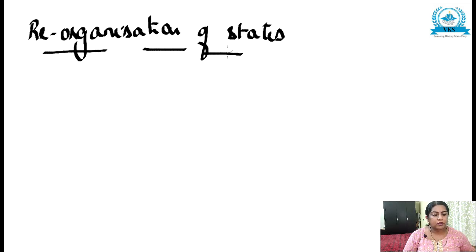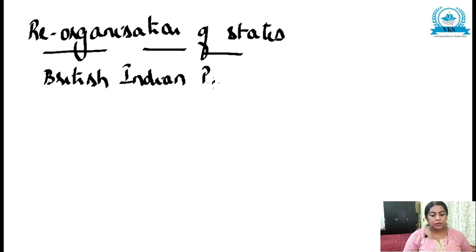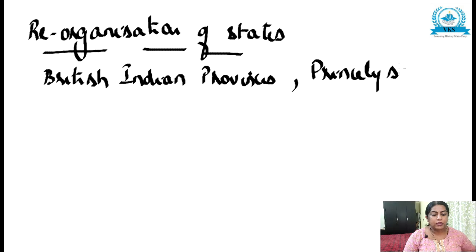Prior to 1947, the territory of India consisted of British Indian provinces and princely states. So there were two divisions prior to 1947, that is British Indian provinces as well as princely states. Both these combined together to form the Indian territory.